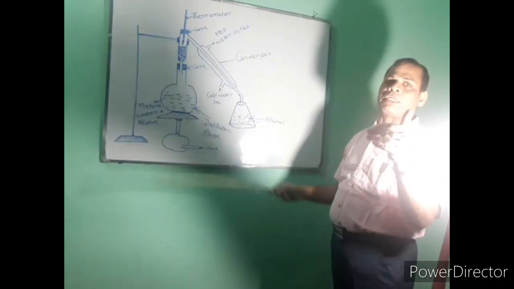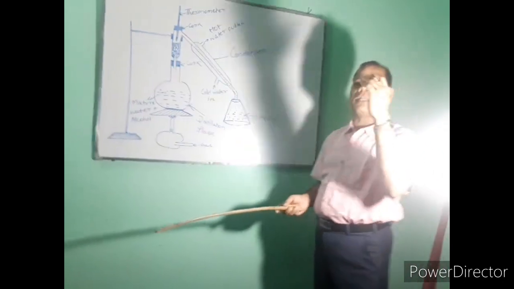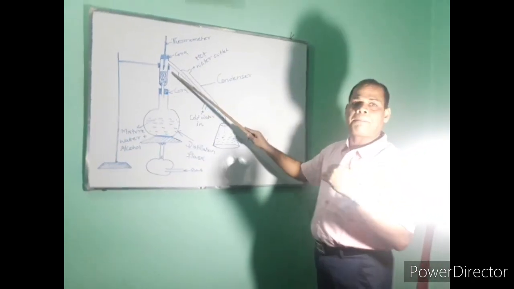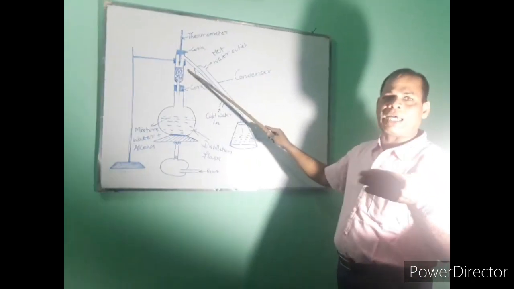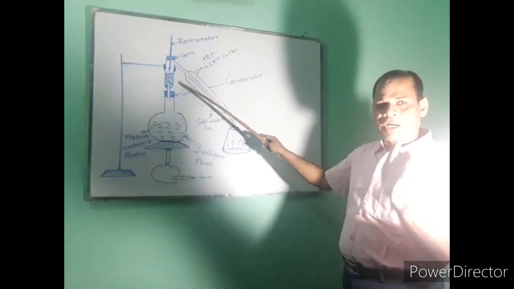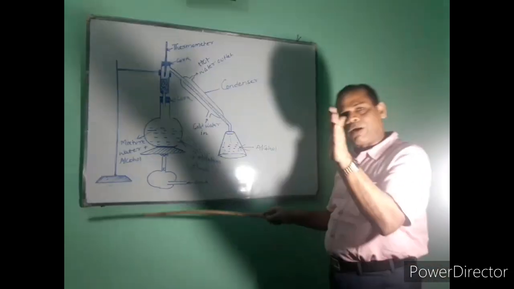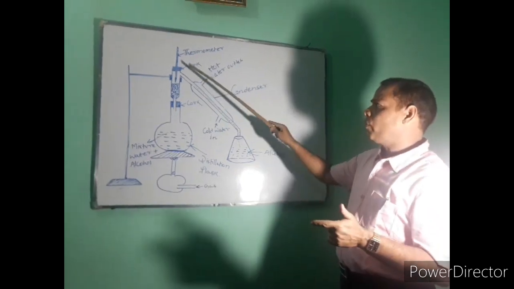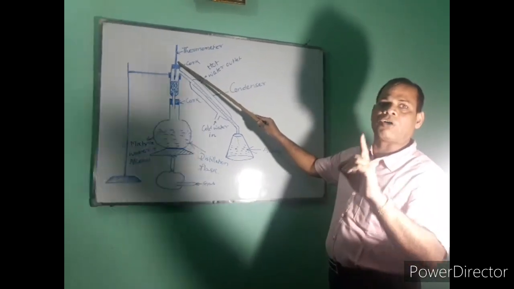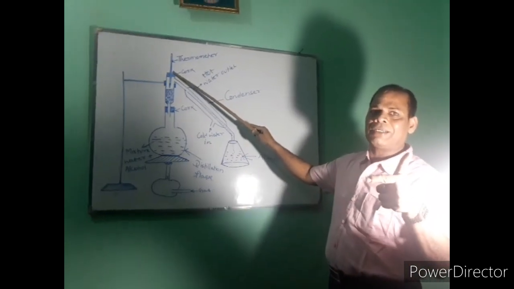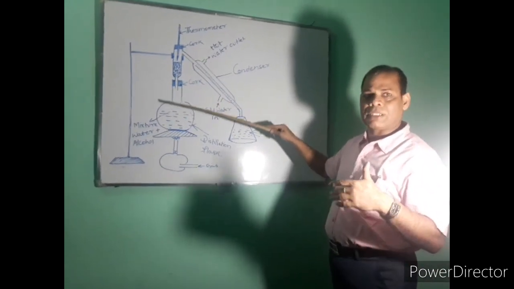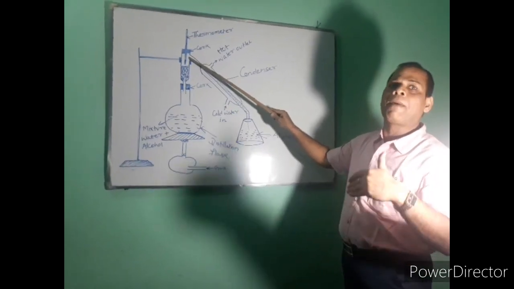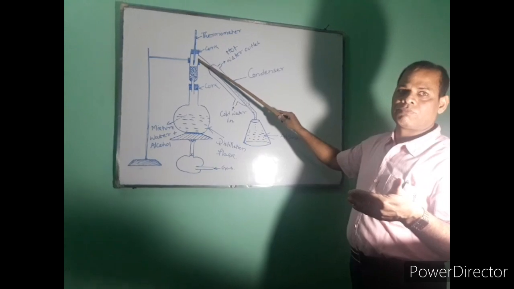That is also one indicator that alcohol is converting into the vapor form. As we know, when one state of matter changes into another state of matter, the temperature remains constant. When the temperature remains constant, it shows that the liquid is converting into the vapor form.